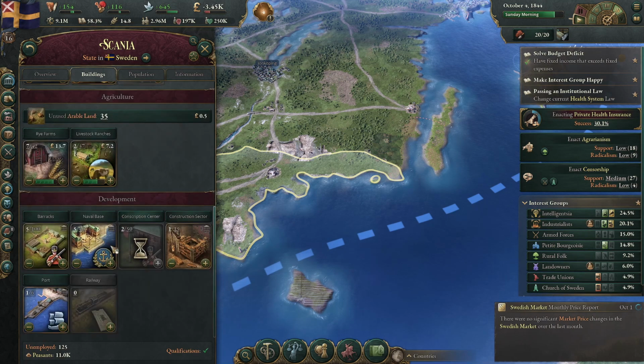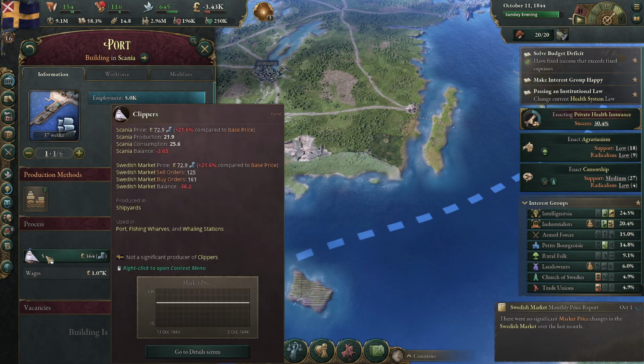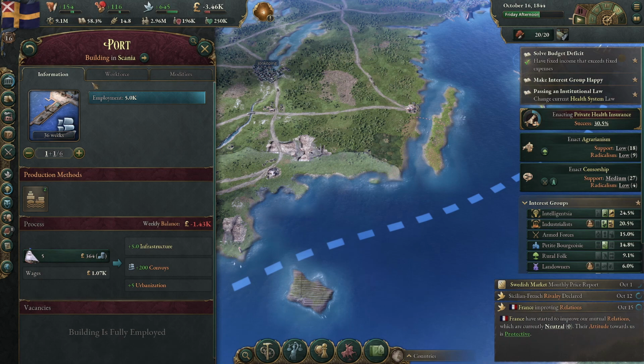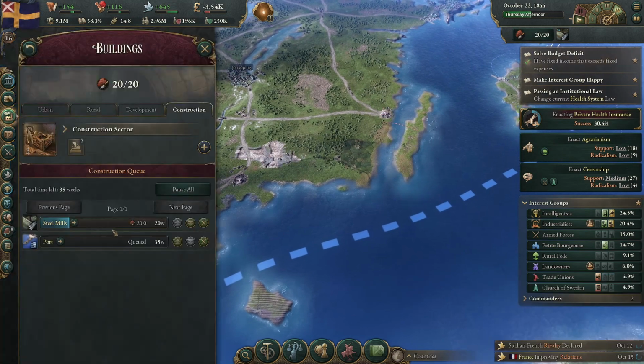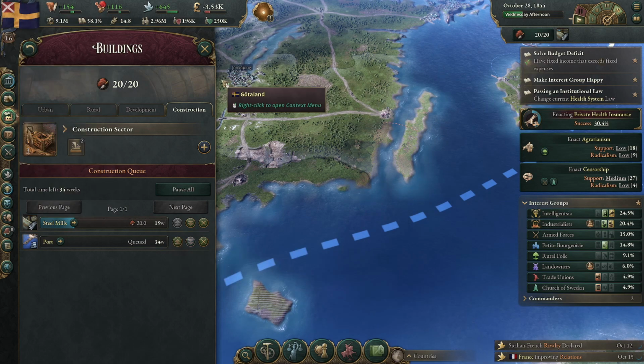I'm just wondering with this. Yeah, so the ports need clippers. We need another port here. Might have increased that bit there. So we've got our queue. I think we're okay. We've got another 20 weeks to make the steel mill.